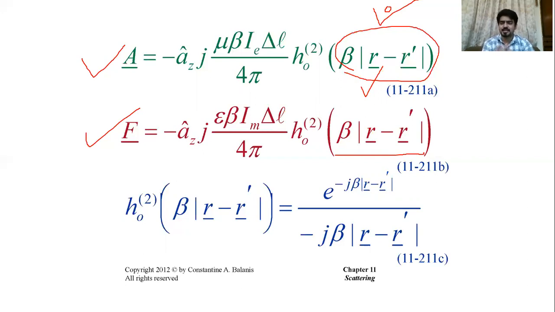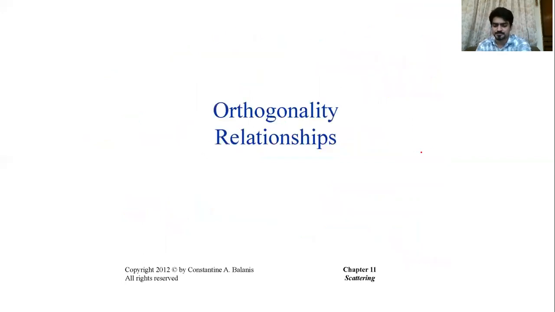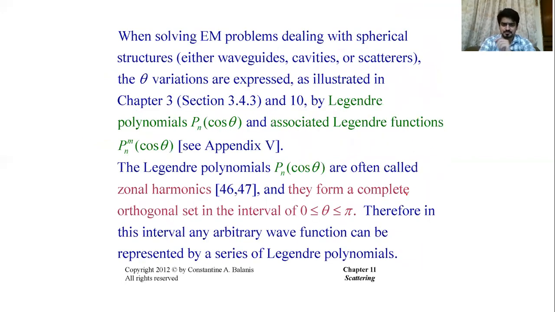Now we'll go through some theorems and transformations, and for that we'll first go through the orthogonality. Similar to what we saw when we discussed the cylindrical structures, for the spherical structures, if you remember, we use the associated Legendre function for the theta variation.